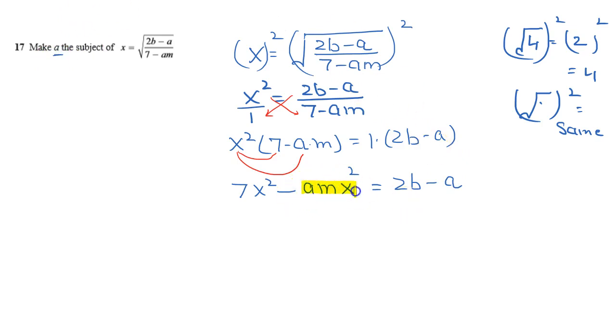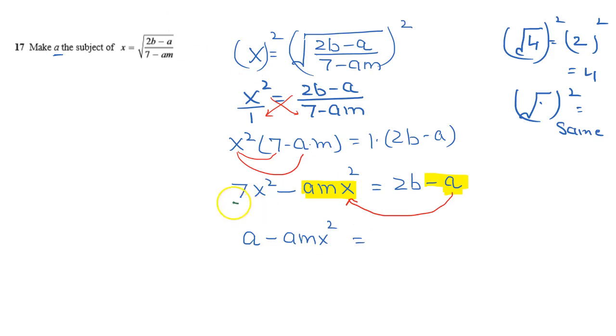So we have a here in this and we have a here. So let's take these terms on one side and the remaining on the other side. Let me bring this a here. This is negative, so it will become positive. So it will become a minus amx square.